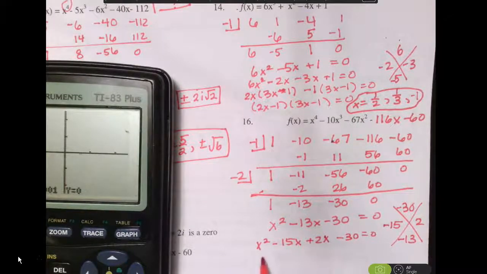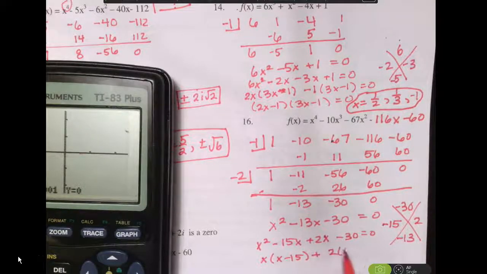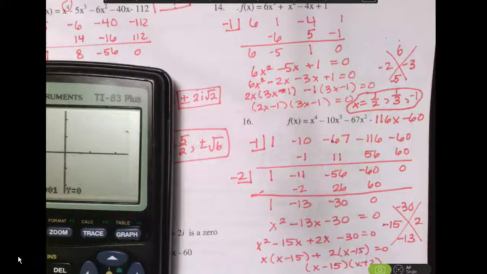And we get x times x minus 15 plus 2 times x minus 15. So x minus 15 and x plus 2. That's just weird.